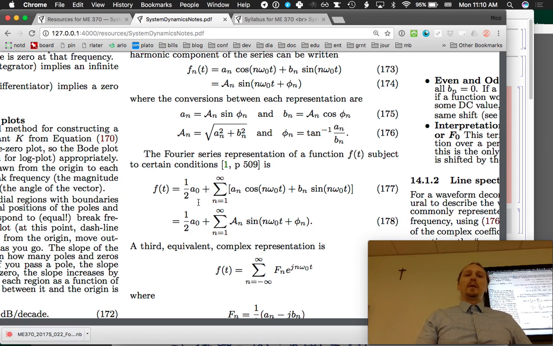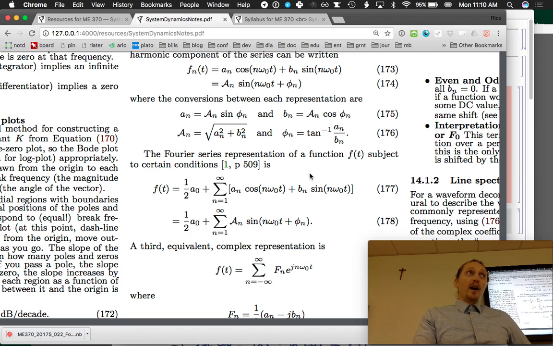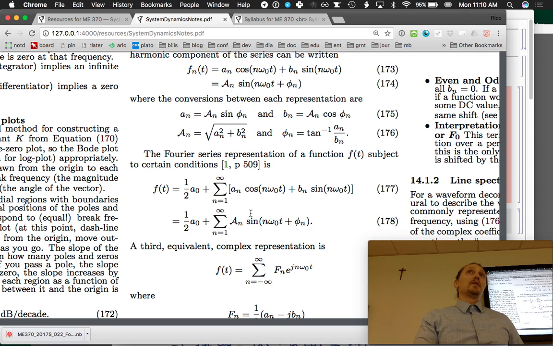What we're doing, I mean, it's kind of crazy, right? What we're saying is that we can represent a function that's periodic. So if it's a periodic function, even if it's some weird squiggle or whatever, we can represent it as a sum of sinusoidal terms. Now, notice this is an infinite sum, so there are a lot of terms, but we can do it nonetheless, which is pretty radical, right?